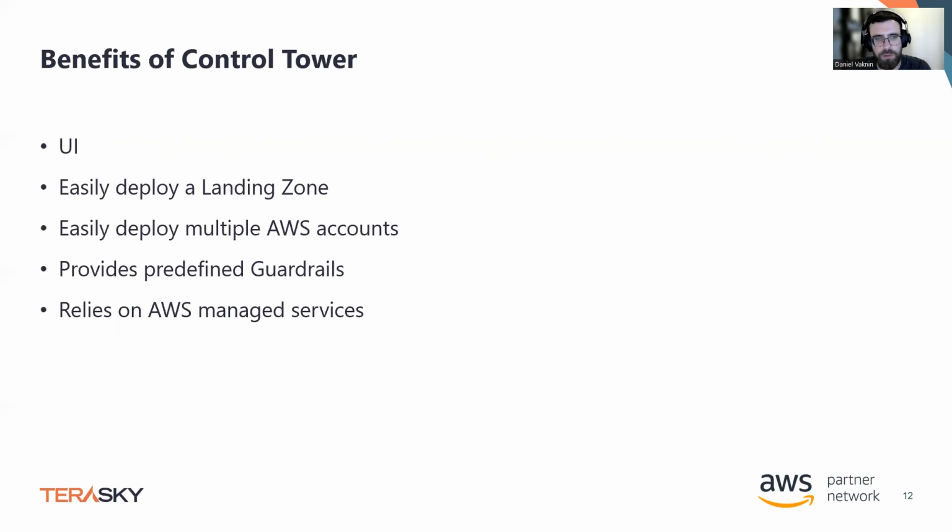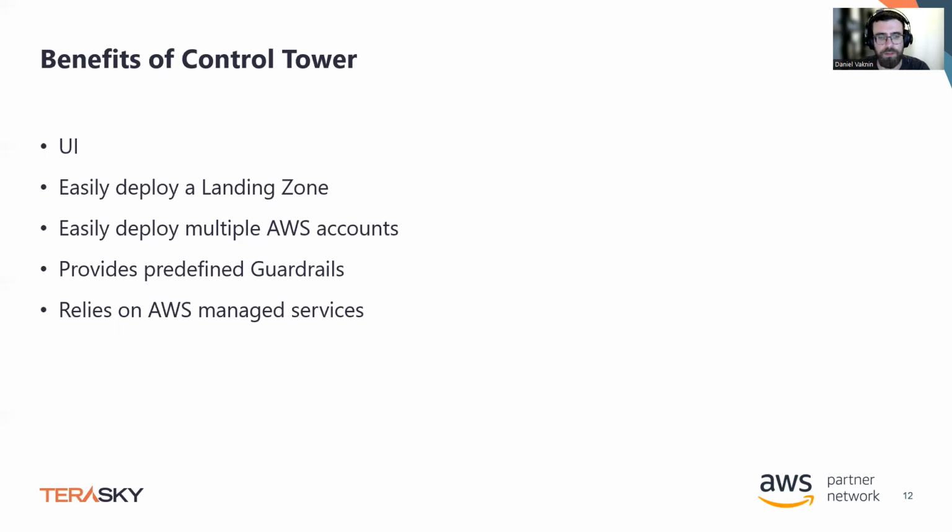If you want to deploy, I don't know, 2 production accounts, just go to the UI and deploy them, and then dev accounts, go to the UI and deploy them, and so on. You have these predefined guardrails, which are really, really nice. You have a set of best practices, policies to actually govern your landing zone without needing to write those policies from scratch.